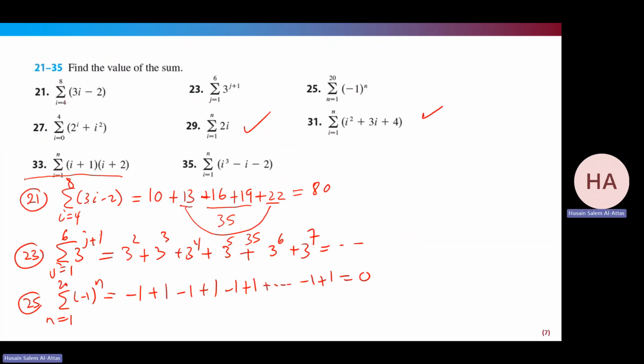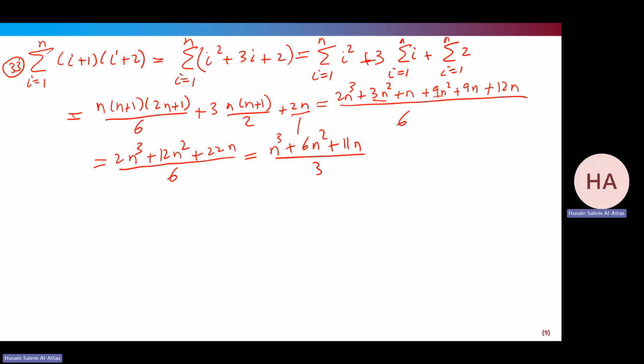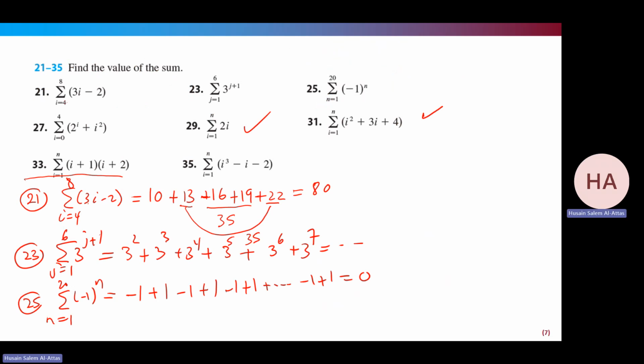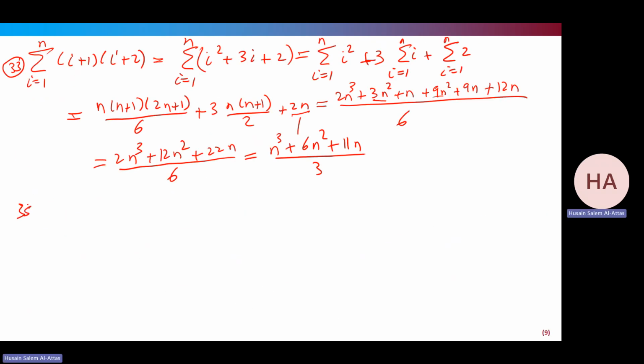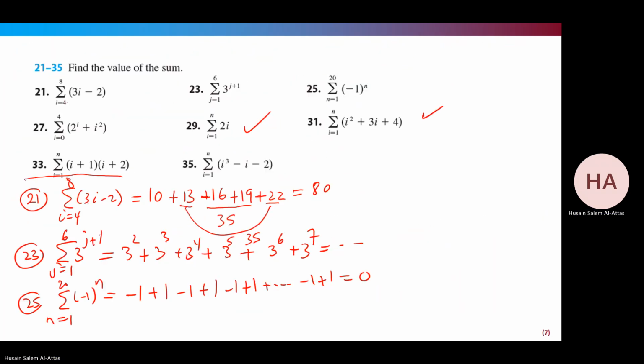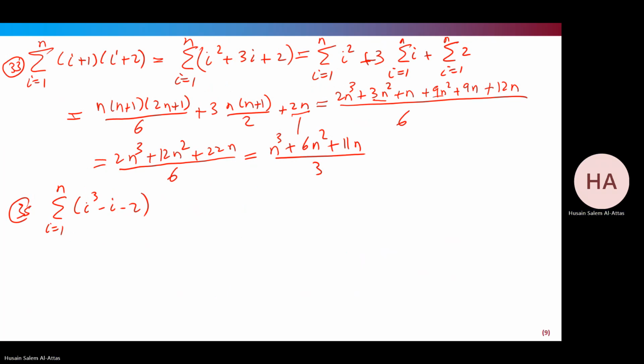Okay, the last one. Summation i equals 1 to n of i cubed minus i minus 2. The number 35. Summation i equals 1 to n of i cubed minus i minus 2. Yes. Okay. Do the calculation.